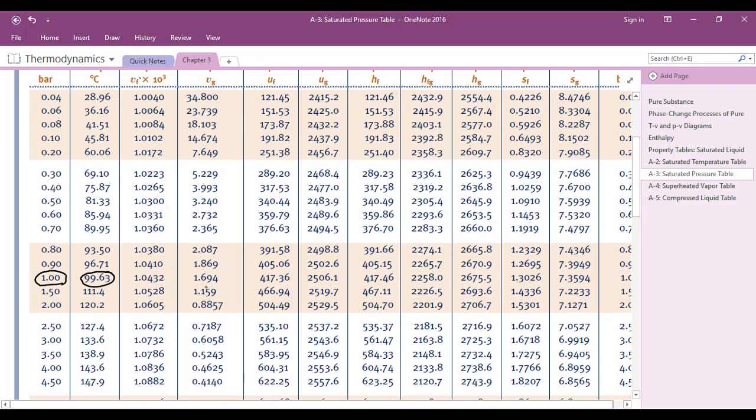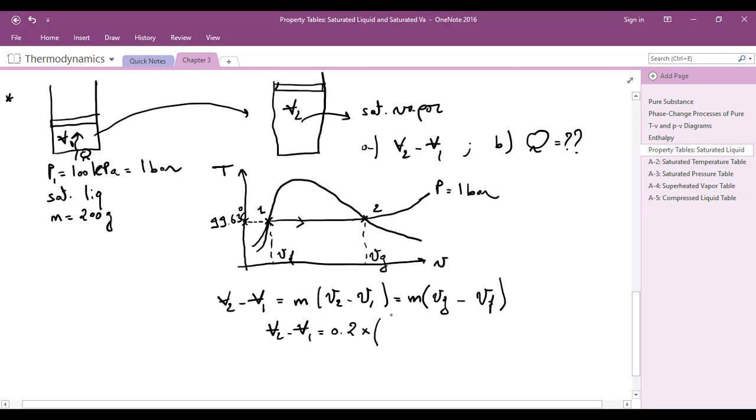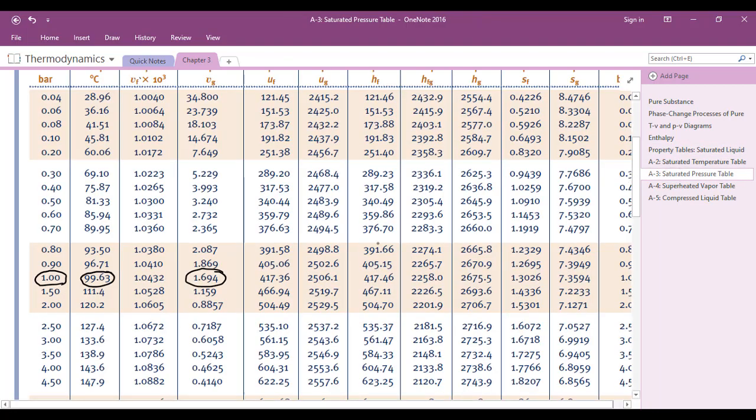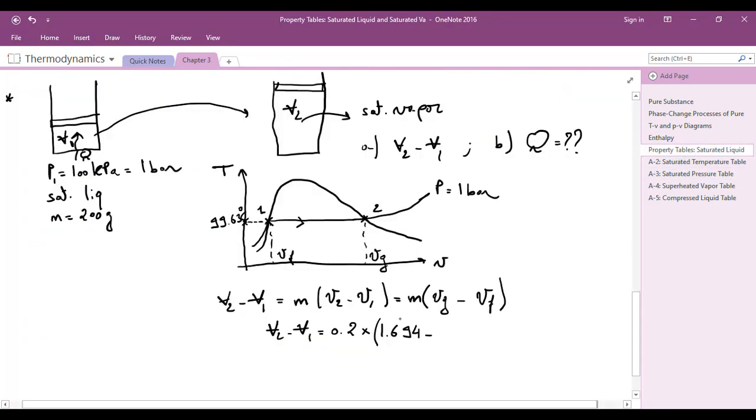So Vg is 1.694 minus Vf, which is equal to 1.0432, and we should not forget to multiply by 10 to the power minus 3.